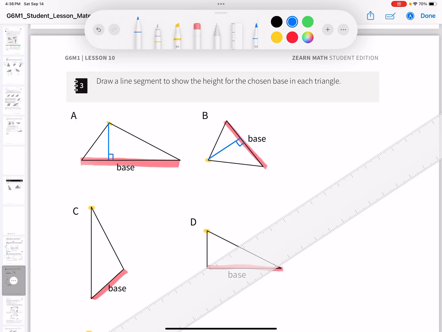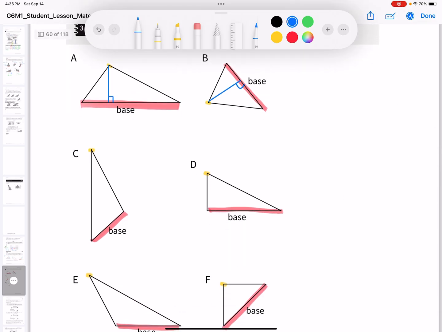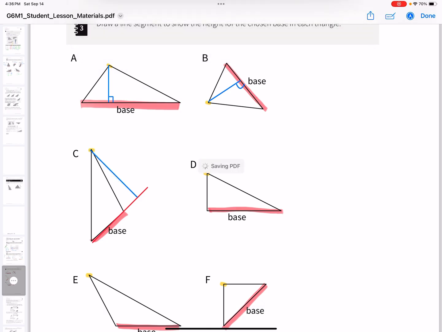Okay. For the rest, I'm not going to use it. We're just going to go here. So this one is a little outside of my base. So I'm going to need to extend my base out like that. There we go. And then I am going to come down from my vertex this way. And that makes the height.